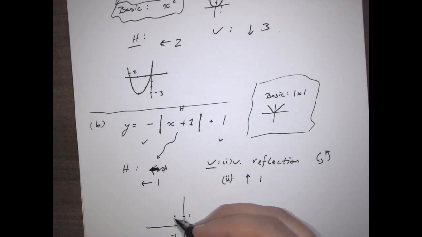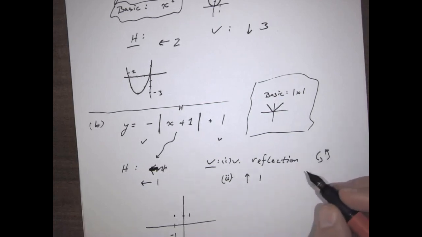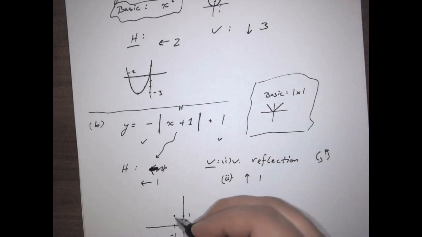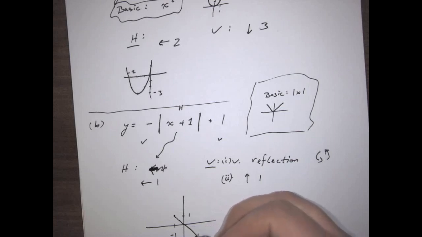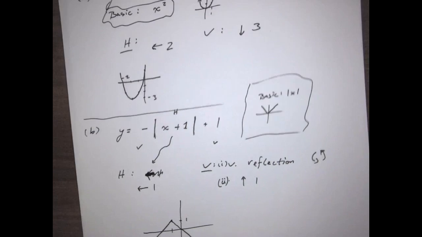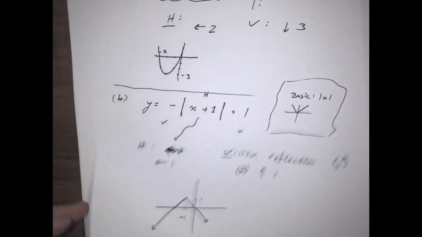And importantly also, it is upside down. So instead of being a V, it's going to be an upside down V. So this is the general way you go about this. Problems will ask you to use the transformations to graph some version of your old toolkit friends.